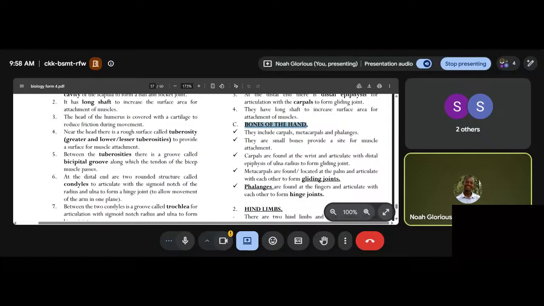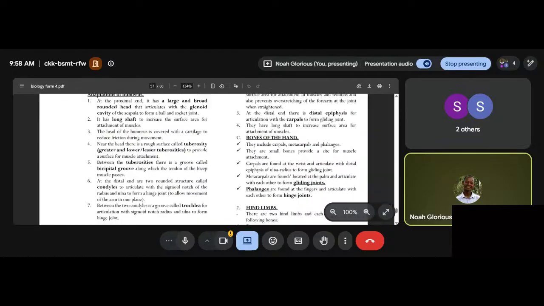On the wrist there is what we call the gliding joint, together with the palm. Fingers have what we call a hinge joint. I hope we shall get time to check out on that.